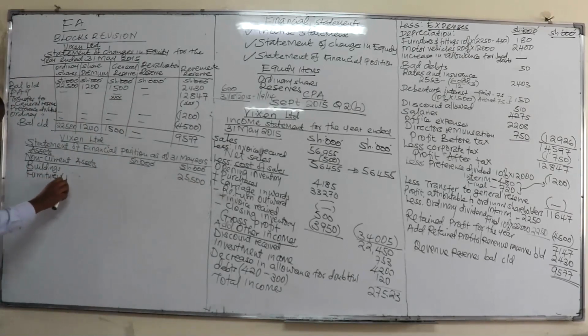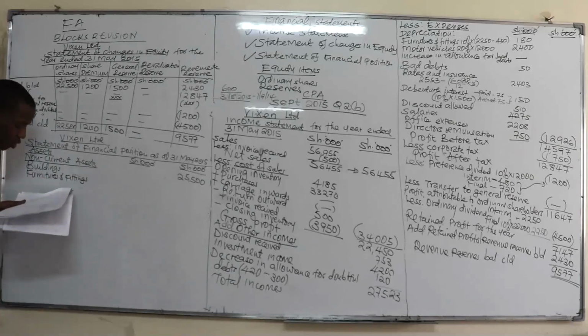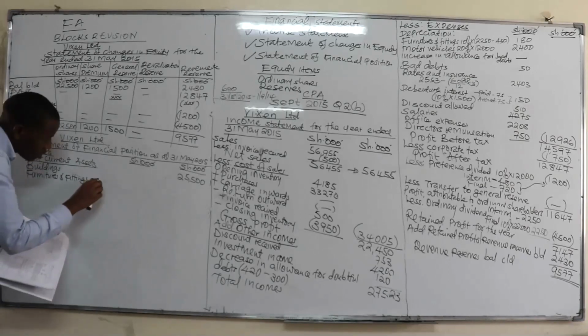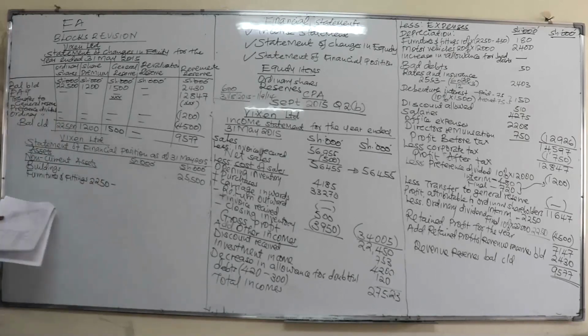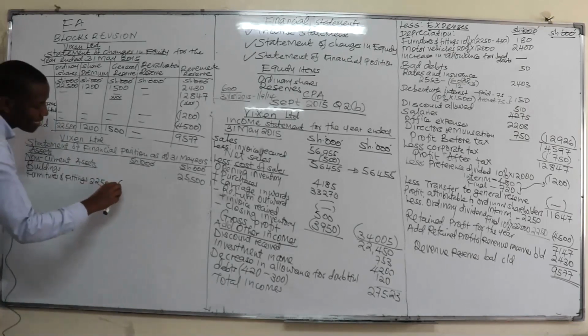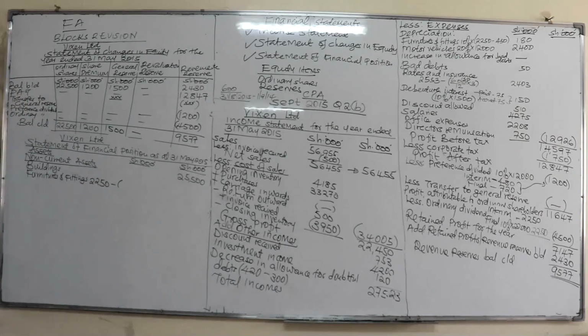Then we have also the furnitures and fittings. So for the furnitures and fitting, the amount in this case, we were given the cost. The cost was 2250. So remember, we take 2250, we less the accumulated depreciation. We have to present them at the net book value.